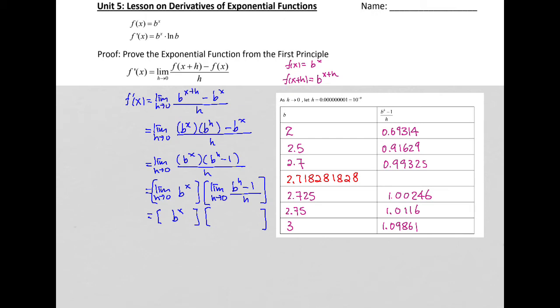Let's put it on the calculator and see what we get. This is a very special number, because when the base becomes 2.7182818828, the fraction actually becomes 1. So we call this number e.